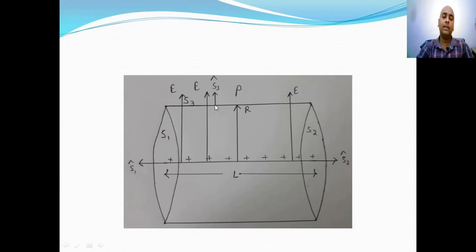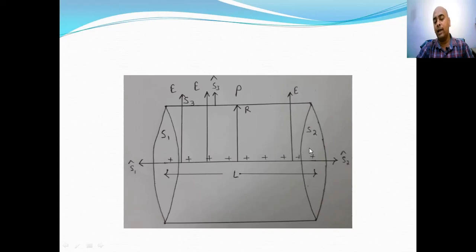Now as we discussed earlier, the direction of electrical field radiated by the conductor is in the direction of area vector S3 cap. However, the electrical field is perpendicular to area vector S1 cap as well as area vector S2 cap.